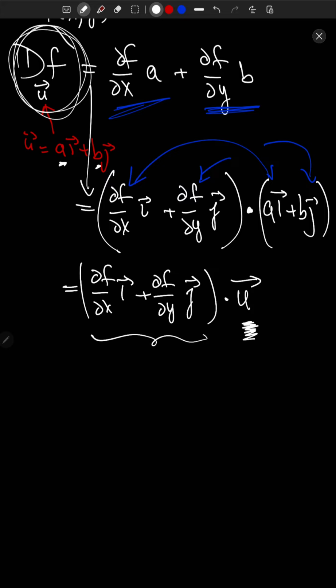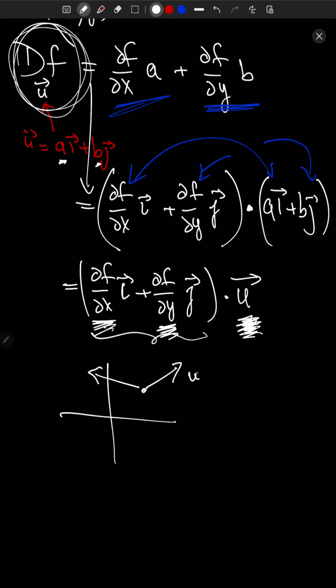No matter what direction. If right now I wanted to figure out how the function changes in this direction, I could do this computation: I calculate df dx and df dy, put that into a vector, and dot u. That's my answer. Now, if in a couple minutes I want to do that direction instead, I can use the same df dx and the same df dy, but I would dot the different vector. My initial vector was u, now it's v, so I would just dot v instead of u.